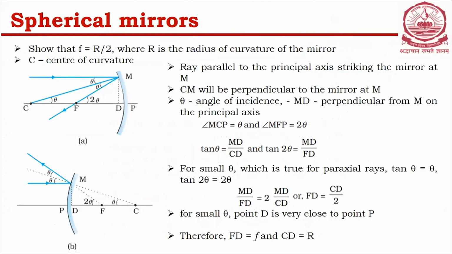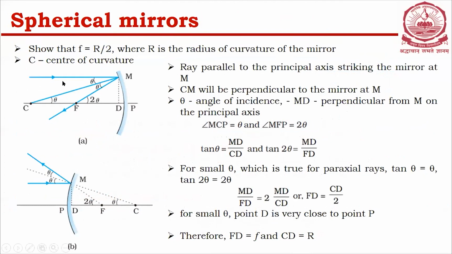So the next thing is how this focal length F is equal to the radius of curvature divided by 2. Half of the radius of curvature is equal to the focal length. So how to prove this? In order to prove this, let us take a ray parallel to the principal axis.